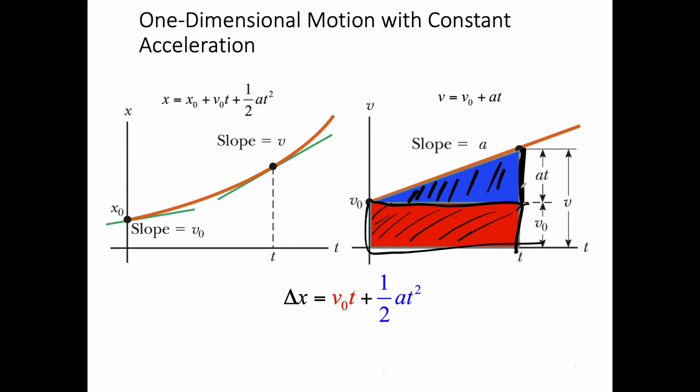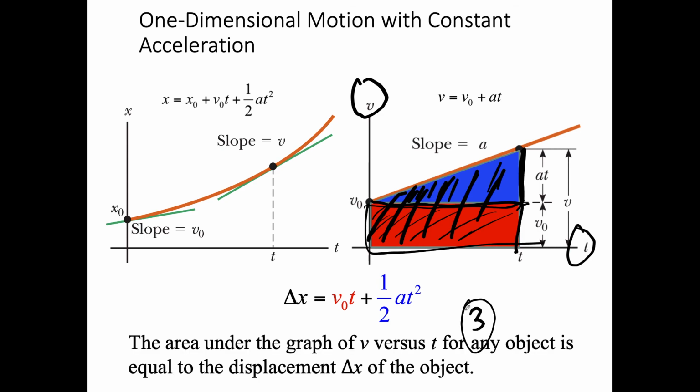This is at, this is t, so the area is 1/2 at squared. And we know the area under this v versus time plot gives us displacement. So this is a geometric interpretation of equation 3 of the kinematic equations. And this can be generalized into a more general statement: if you have a velocity versus time graph, then the area under the curve gives you displacement.